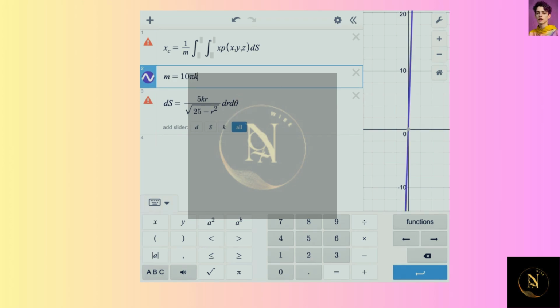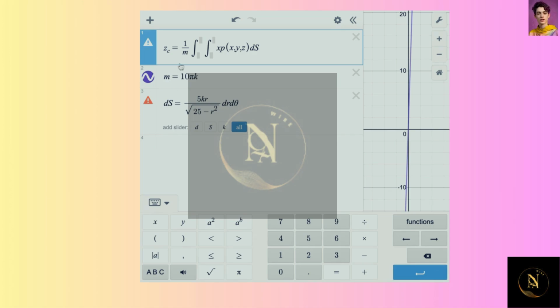And then with that, we know that the center of mass will be 0 for x and y because density is constant and there's symmetry. So now we just need to find the center of mass for z, which will look like this.